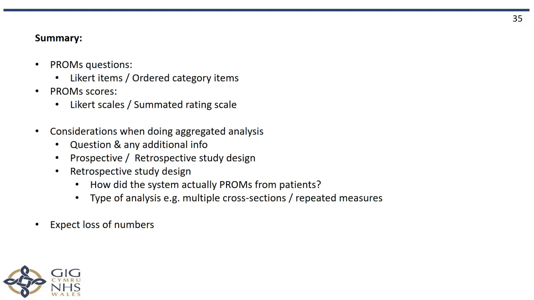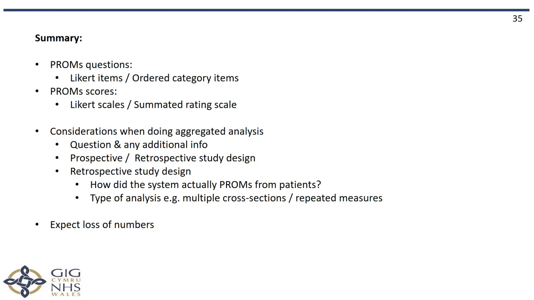Then we spent a chunk of time on considerations for aggregated analysis. We considered the research question and whether there is any additional info in other data sets that we need to answer that question. We considered data that can be collected as a result of a prospective study design or retrospective study design.